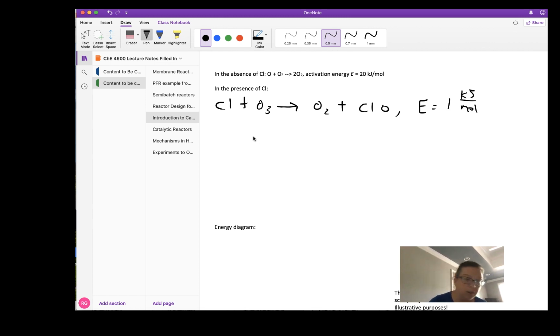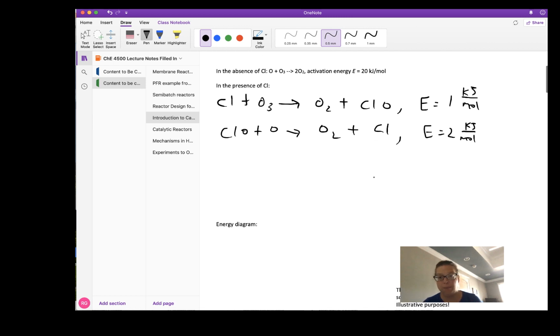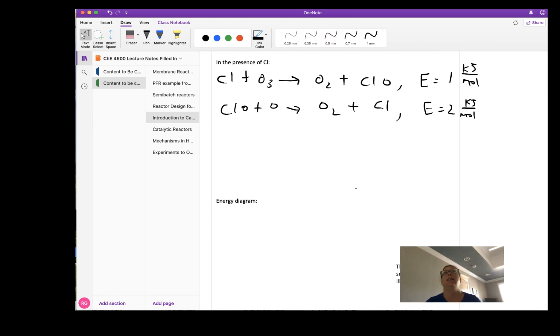And then the chlorine oxygen complex reacts with another oxygen atom to form O2 and Cl. This has an activation energy of 2 kilojoules per mole. So you see, both of these reactions have dramatically lower activation barriers than the original case. So 1 and 2 kilojoules per mole, much lower than this 20 kilojoules per mole. That's the effect of the chlorine catalyst that's providing a lower energy route from reactants to products.